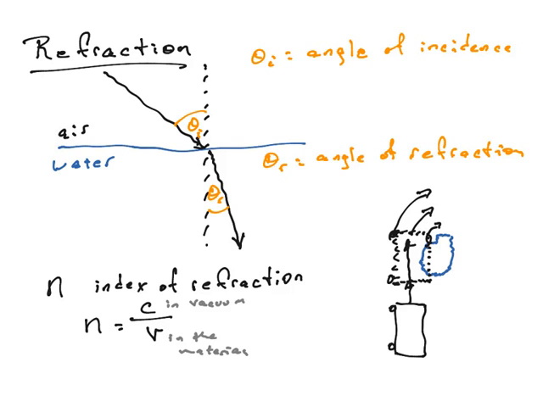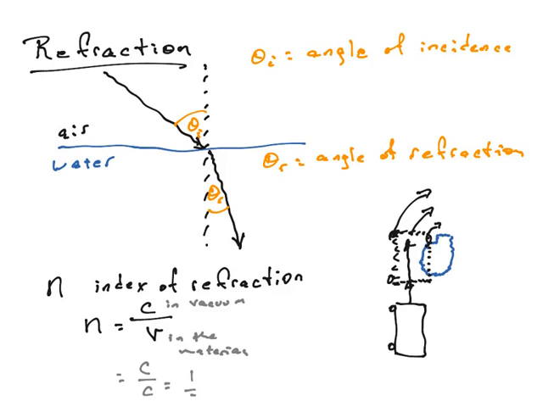And so N, the smallest N can be is 1, right? Because the fastest the velocity of light can be is c. So if you have c divided by c, you get 1. That would be the index of refraction of a vacuum. However, if v is smaller than c, that is to say, light in water moves slower than light in a vacuum, then v is a number smaller than c, and so you get a number bigger than 1.